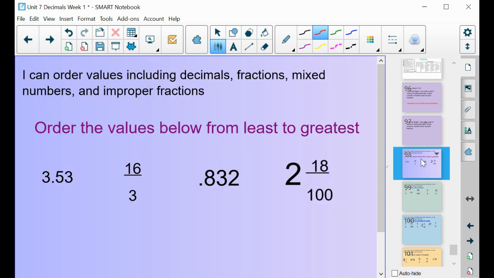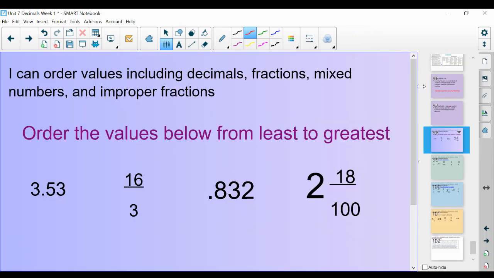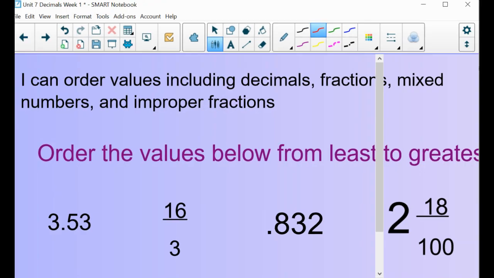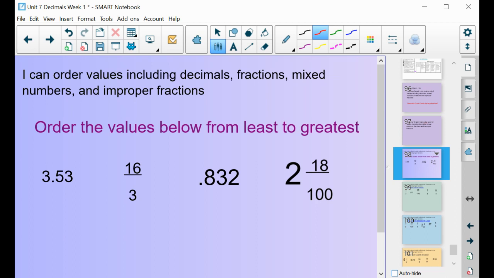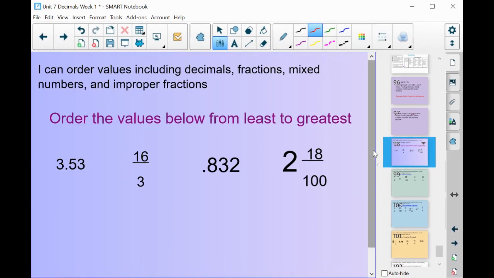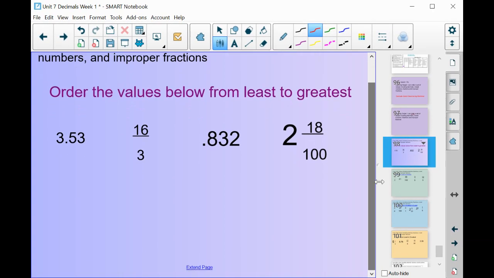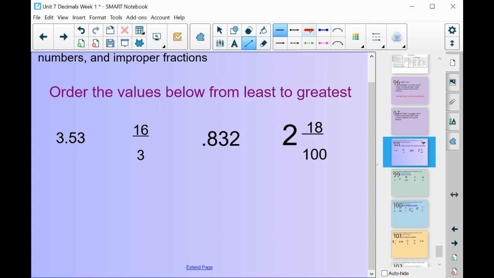Okay, so the first one we are going to start with is right here. Why don't you go ahead and write these values on your whiteboard or on your piece of paper? And what we're going to do is put these in order from least to greatest. So why don't you also include a line? I'm going to do mine in red.